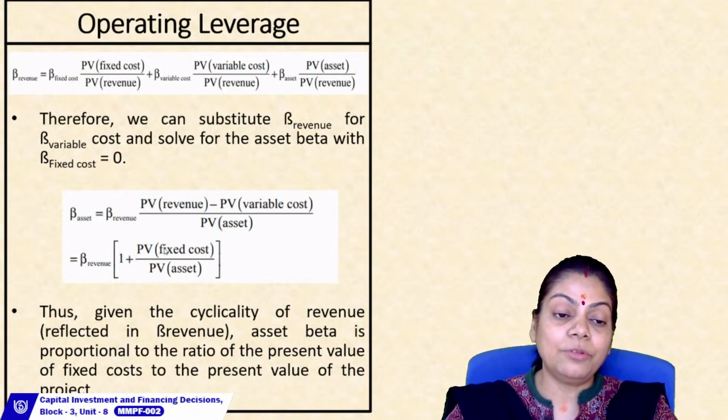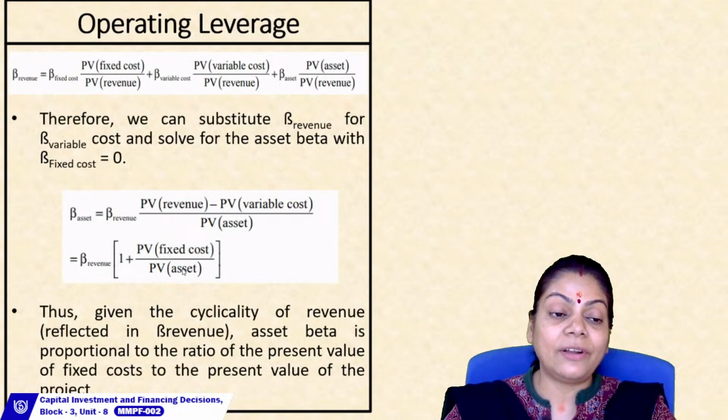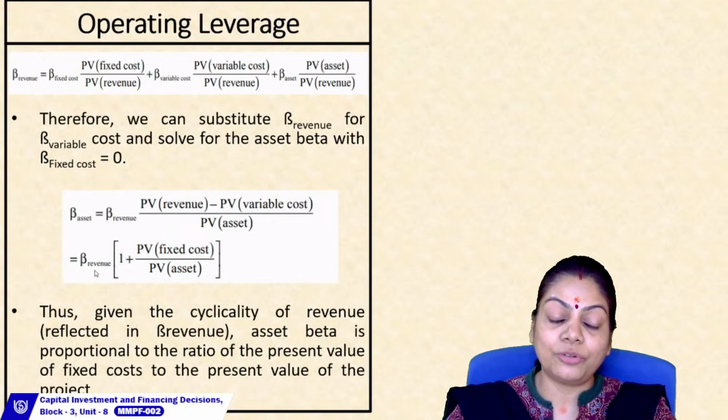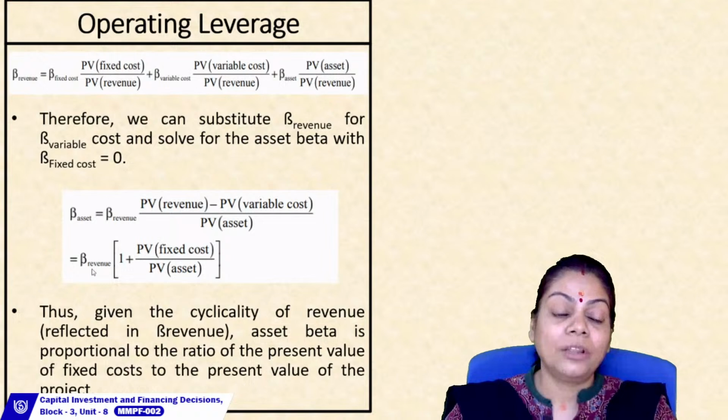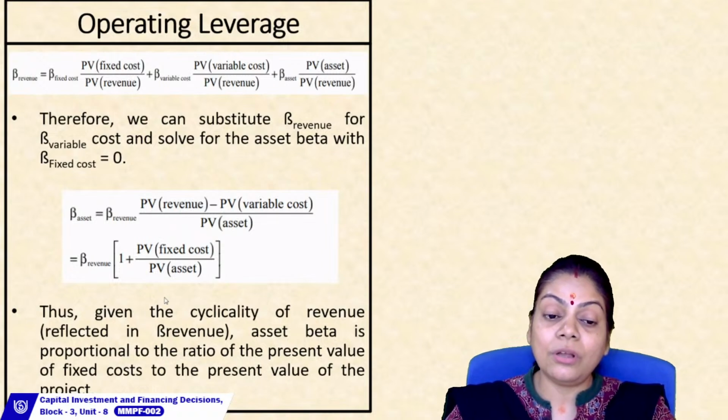Now you see, here you have asset beta, here you have revenue beta. Revenue beta and asset beta respond to the same kind of cyclical business scenarios. So it is more dependent on this particular ratio of the fixed cost to the asset.